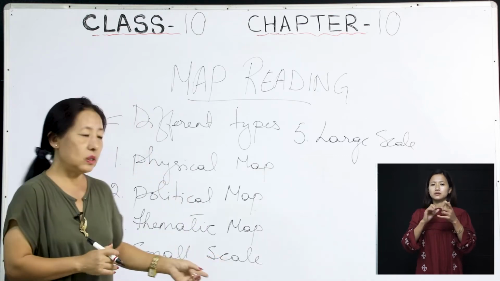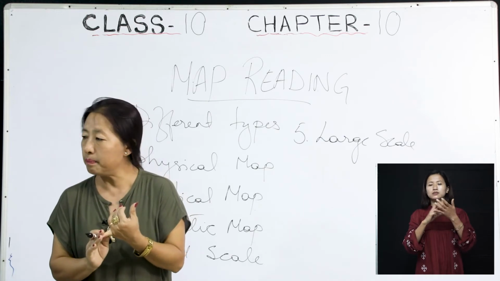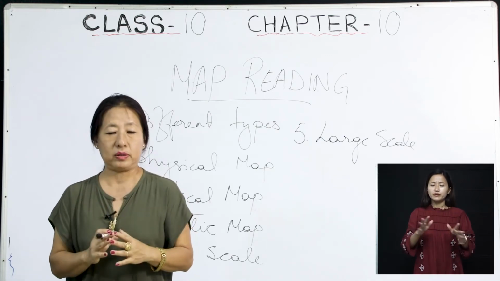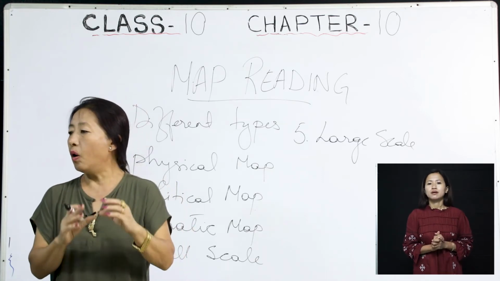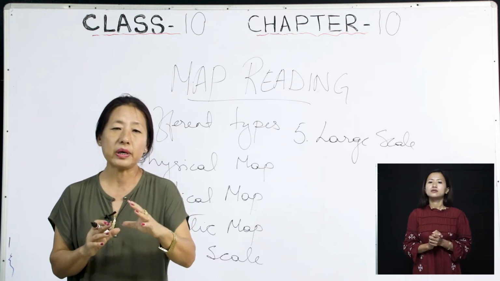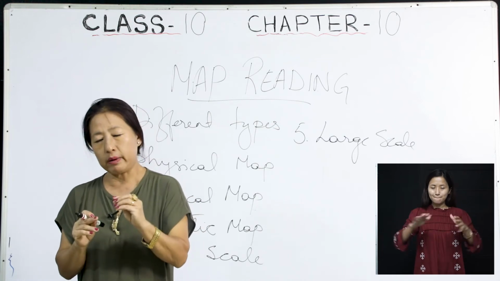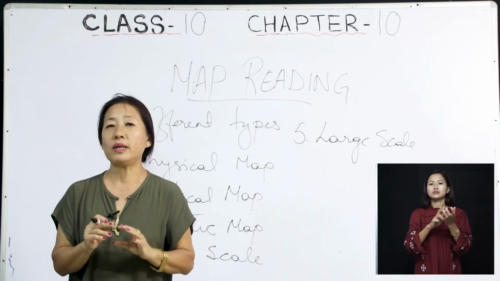Now, when we look at this small scale map, small scale map means it shows very large areas on a single map, and the problem here is that is also one reason why they cannot show lots of detail.